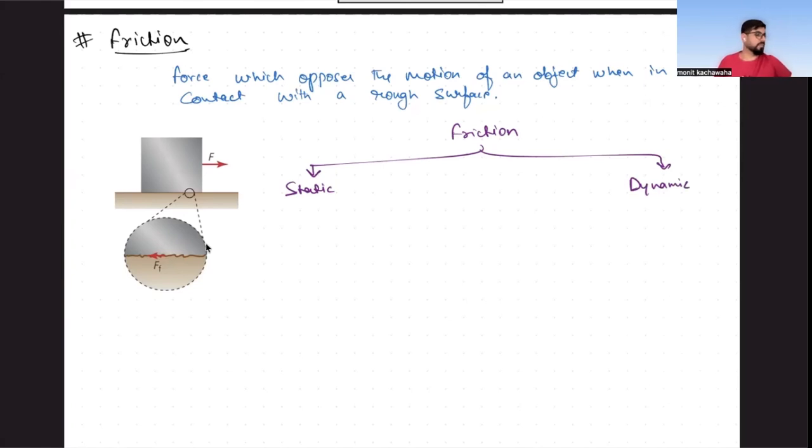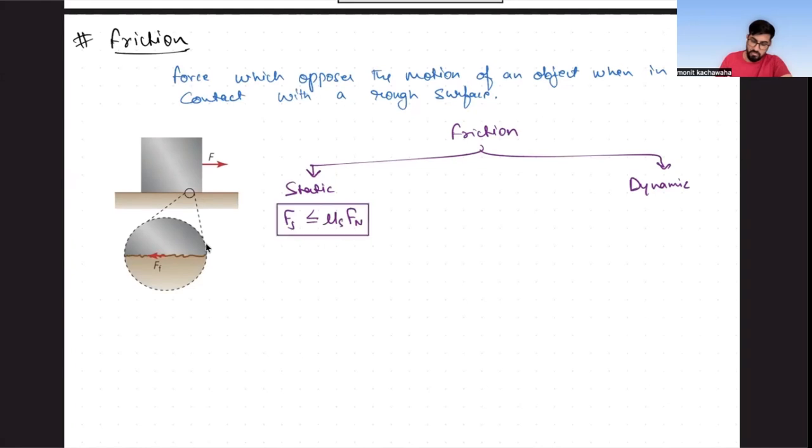Now, if you look in your formula sheet or data booklet, you will see there are two formulas given for friction. Static friction is given as Fs less than or equal to mu s times Fn, where Fn is the normal force. This is for the static friction.